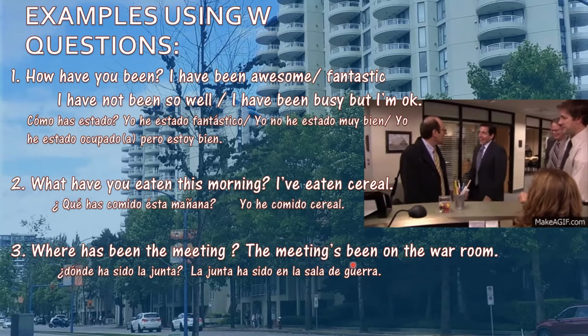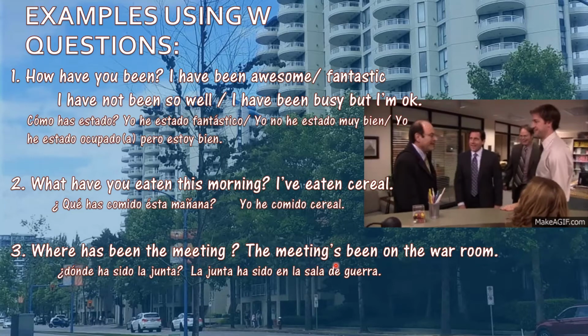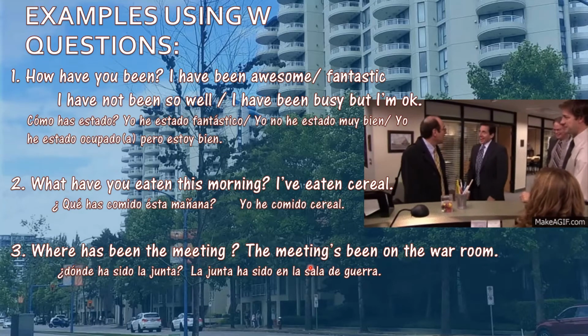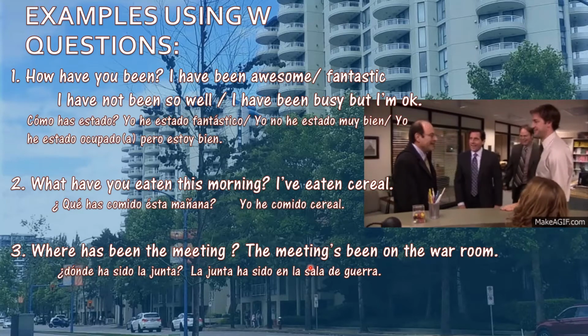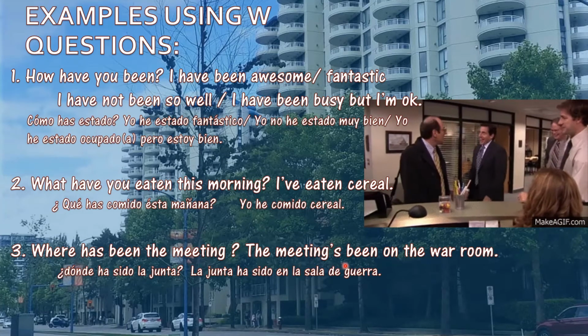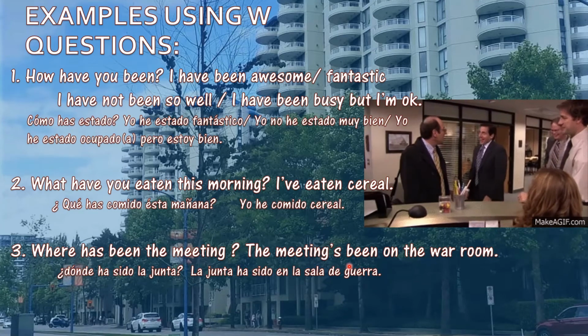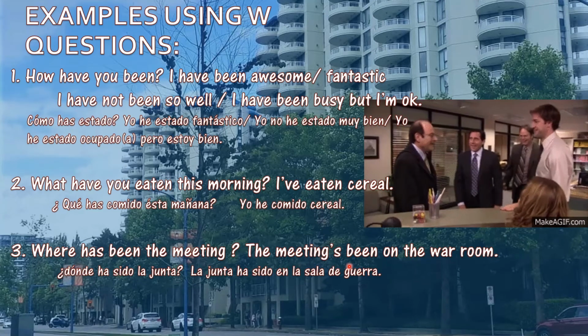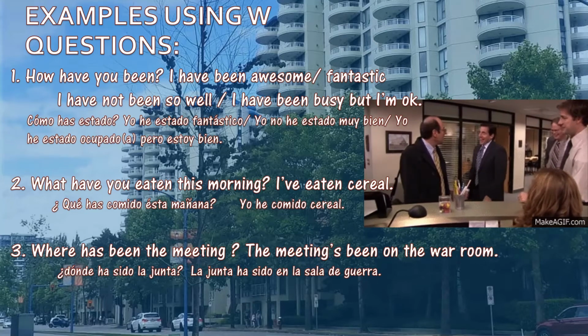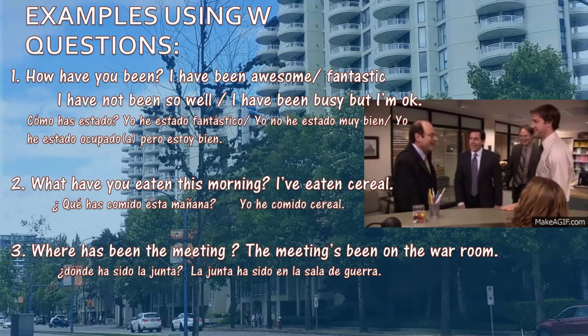The meeting's been in the war room. Your partner is going to understand because of the verb you are using in past participle. So the context is understandable.